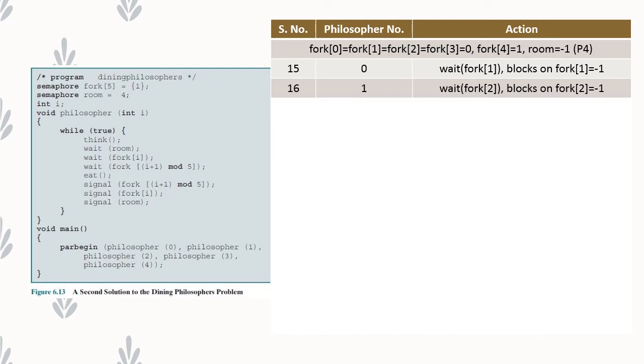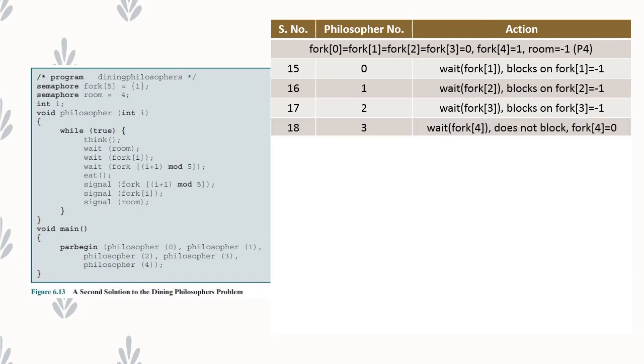Philosopher 1 waits on fork 2 but blocks on fork 2 and fork 2 becomes -1. Philosopher 2 waits on fork 3, blocks on fork 3, fork 3 becomes -1. Philosopher 3 waits on fork 4, does not block, and fork 4 becomes 0.